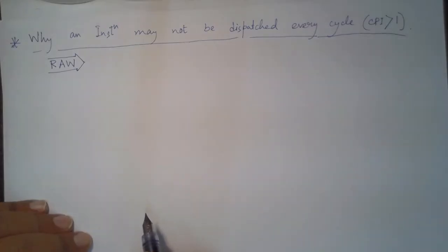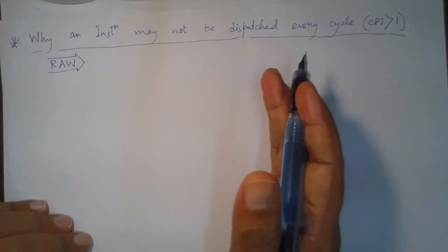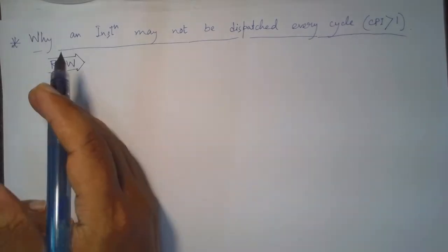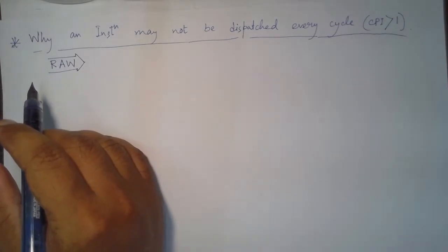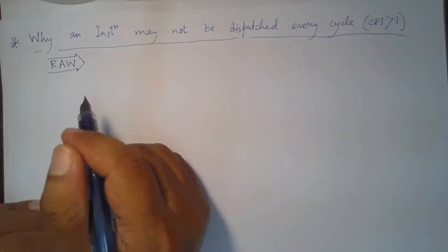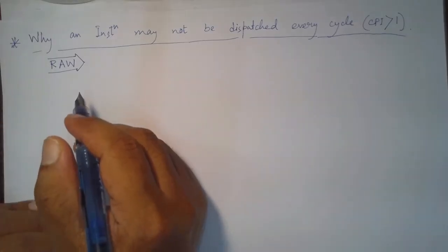So, this is fine, but if you want to do this for every stage of your pipeline, which in other words means fully bypassing, that can be very, very expensive.